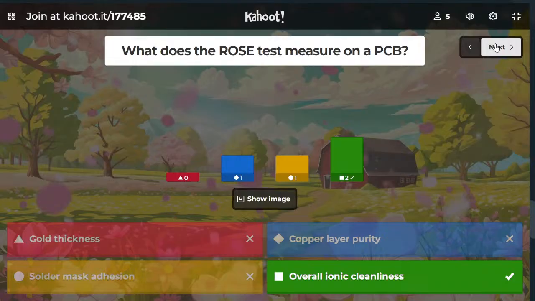And one answered copper layer purity. Not copper layer purity. The ROS test is not there to check the purity of the copper layer. It is there to check the overall cleanliness, ionic cleanliness, ionic contaminants.